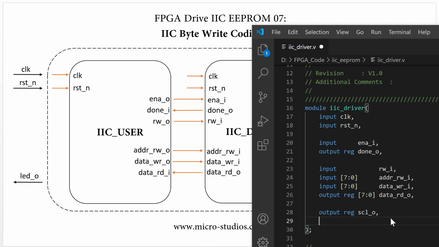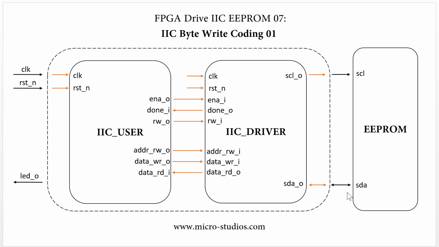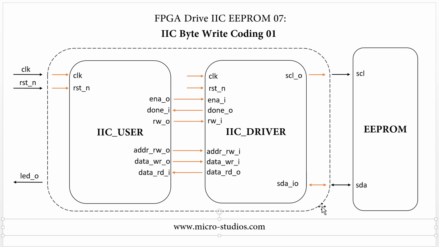This data is an input and output type, an inout. The I means input and the O means output. So for this one, it is input and output data.